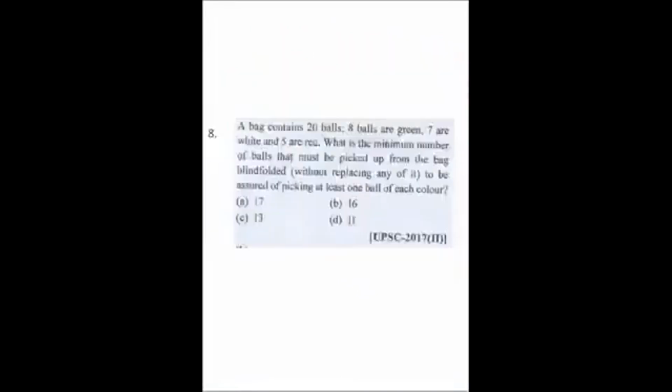A bag contains 20 balls, 8 balls are green, 7 are white, and 5 are red. What is the minimum number of balls that must be picked up from the bag, blindfolded without replacing any of it, to be assured of picking at least one ball of each color?